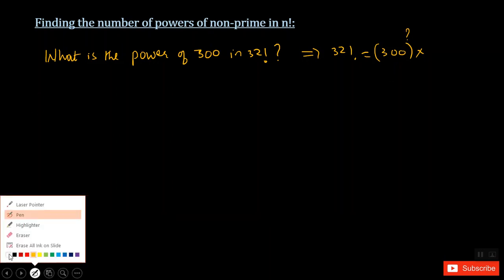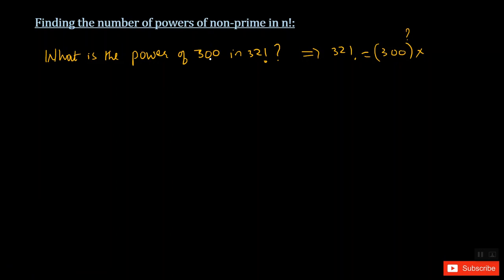First thing you need to do is write this 300 in terms of only primes. 300 can be written as 3 times 100, right? This further, 3 times 100 can be written as 3 times 4 times 25. 4 can be written as 2 square, and 25 can be written as 5 square.